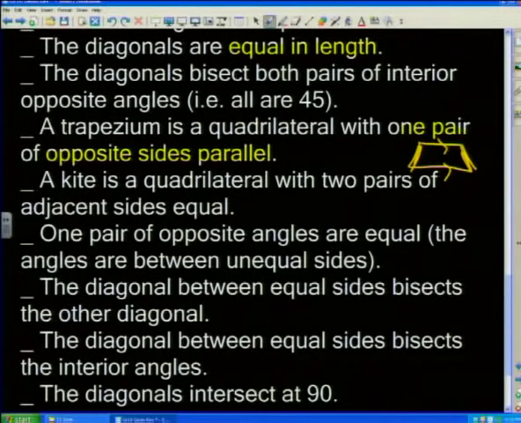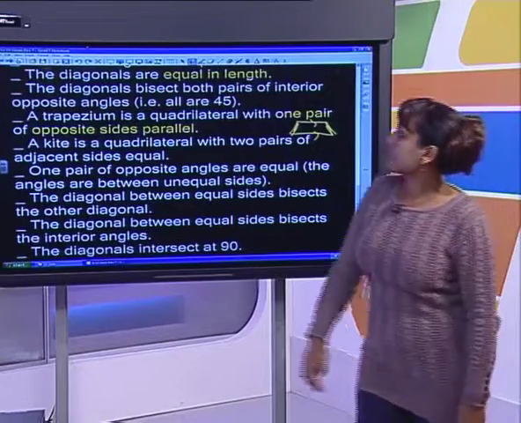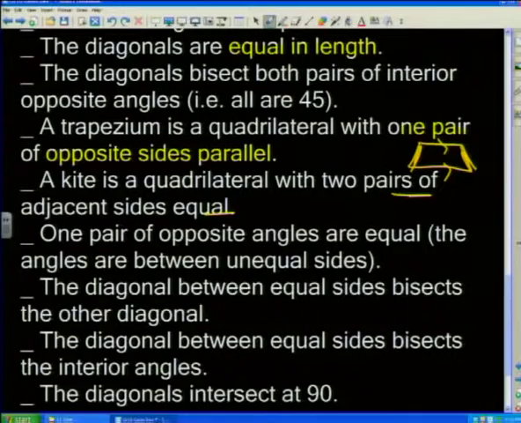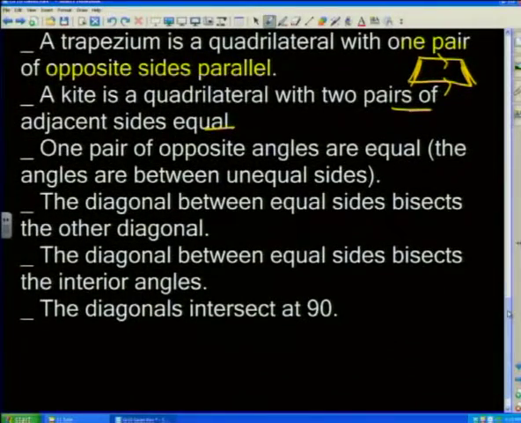And a kite. Everyone think about your childhood memories flying a kite. You know what a kite looks like? That's exactly what we're talking about. A kite is a quadrilateral with two pairs of adjacent sides equal. Another special thing is that one pair of opposite angles, and only one pair, is equal. This is the special thing that differentiates it from all the other parallelograms and rectangles.